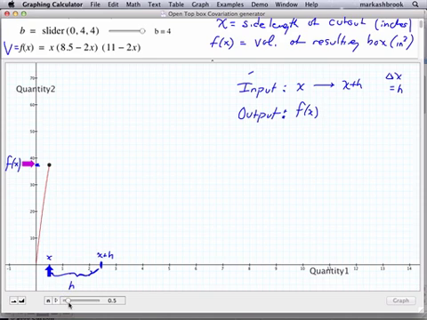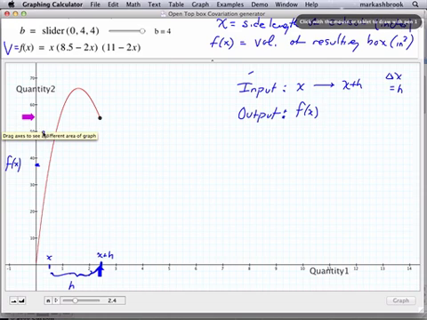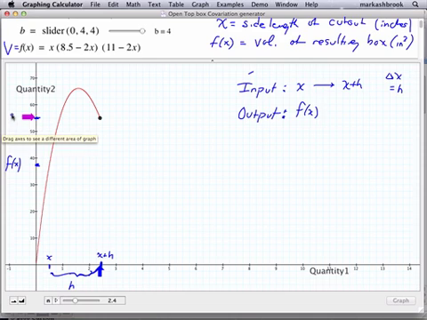F of x plus h. So as I increase from x to x plus h, the final value of the output is f of x plus h.